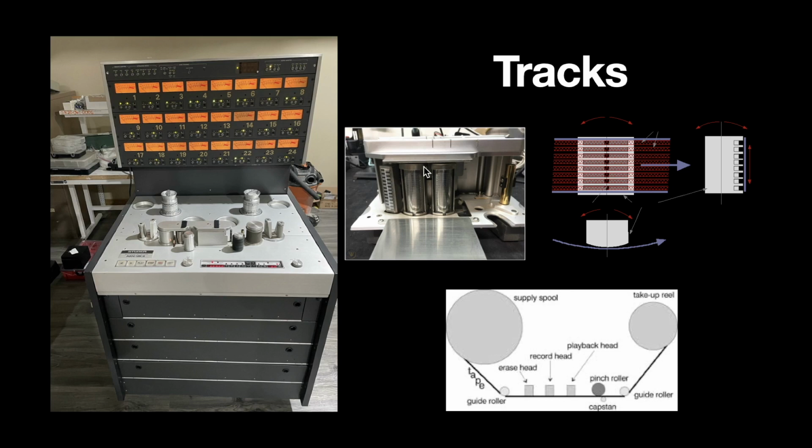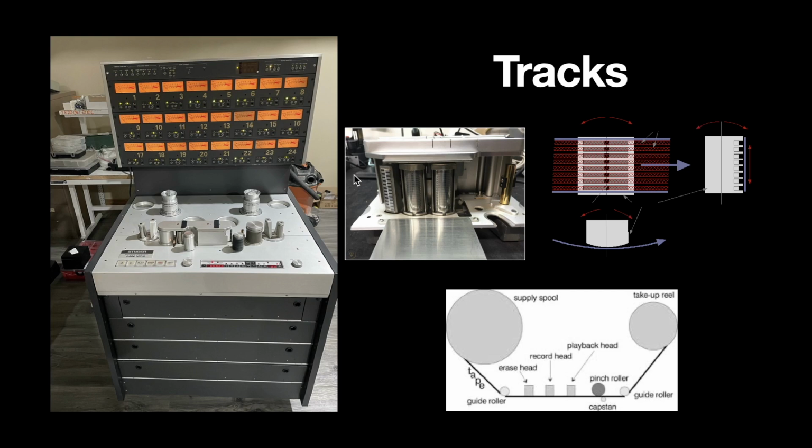In these tape heads, there are slots all the way across the tape, basically 24 lines of magnetism. So this tape is dragged across here, and the magnetic changes are what we record onto magnetic tape.